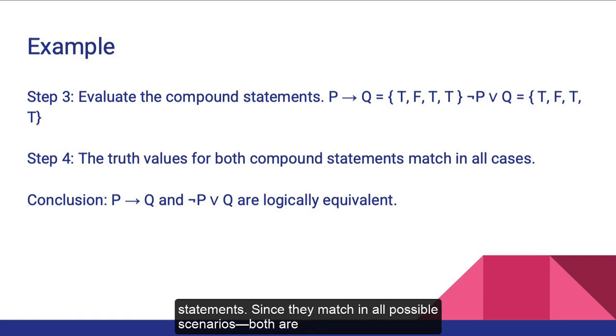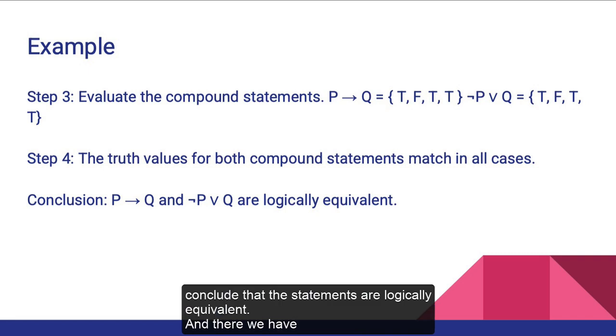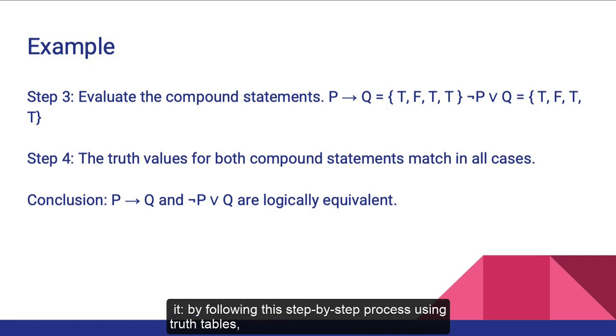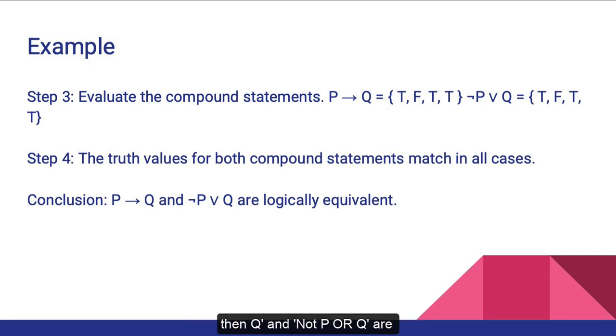Since they match in all possible scenarios, both are true, false, true, true, we can conclude that the statements are logically equivalent. And there we have it. By following this step-by-step process using truth tables, we've successfully determined that the compound statements, if P, then Q, and not P or Q are logically equivalent.